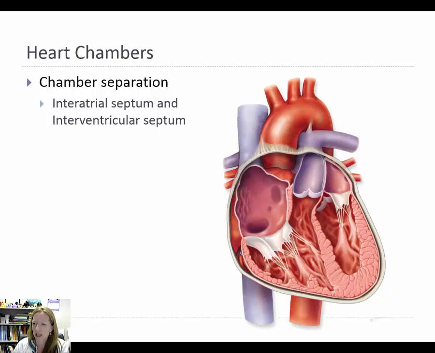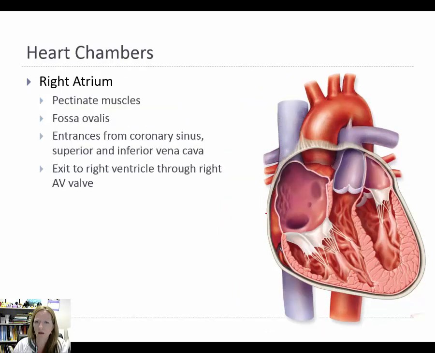All right, let's go in and dive into the chambers and look at some special features in there as well. You have pectinate muscles. It's that little ridgy surface that's in the atria. Some parts don't have the pectinate muscles, as you can see right here. Look at this. This little thing is going to be a fossa ovalis. And the fossa ovalis is going to be a really thin tissue that's found between the right and the left atrium.